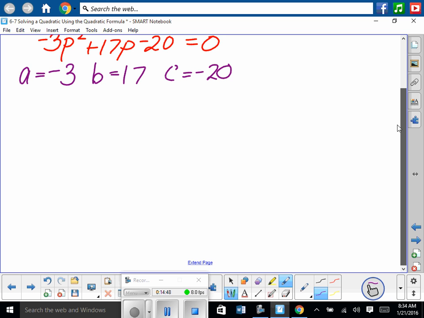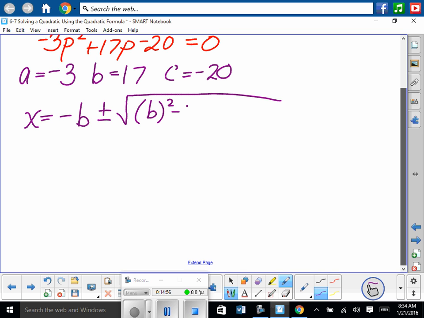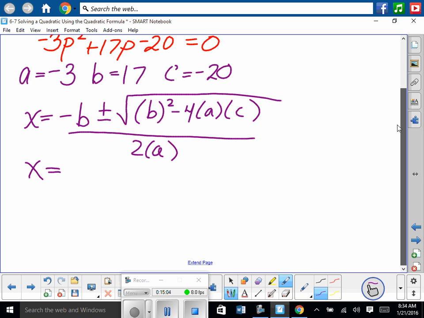So then you say, okay, I'm going to solve by the quadratic formula. X equals negative b plus or minus the square root of b squared minus 4ac all over 2a. Plug it in. So we have x is equal to the opposite of b, so won't that be negative 17, plus and minus the square root of b squared, parentheses, 17 squared minus 4 times a.